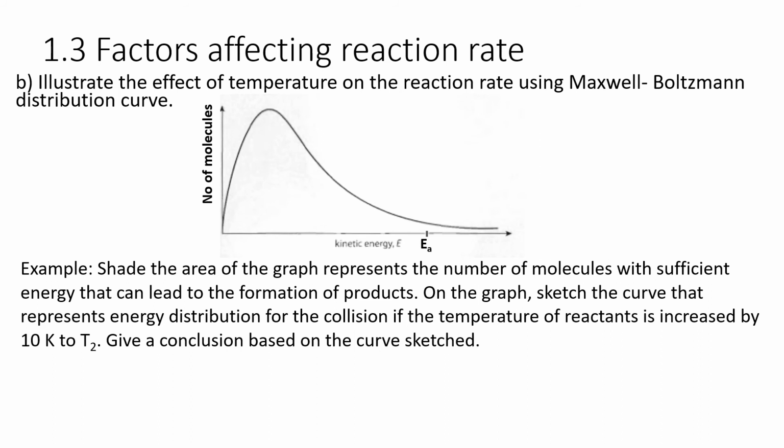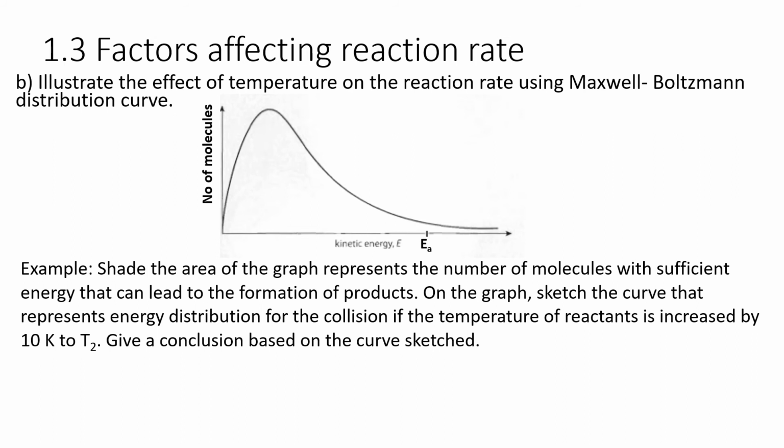So 1.3b illustrates the effect of temperature on reaction rate using Maxwell-Boltzmann distribution curve. So this is C3, so possible to come out in PSPM. So to use the Maxwell-Boltzmann distribution curve to illustrate the effect of temperature on reaction rate, first we must know the axis.